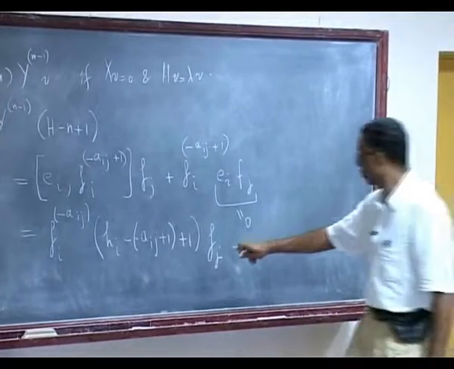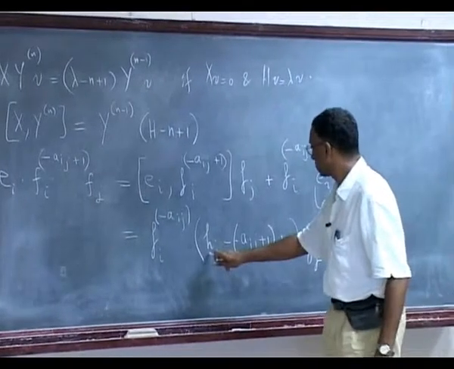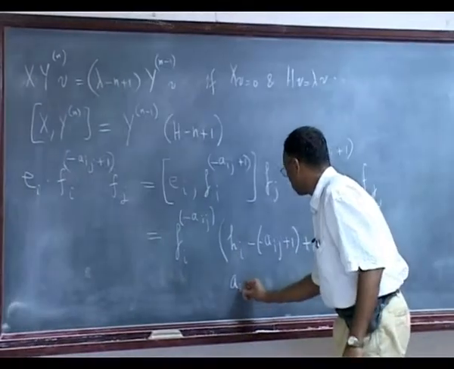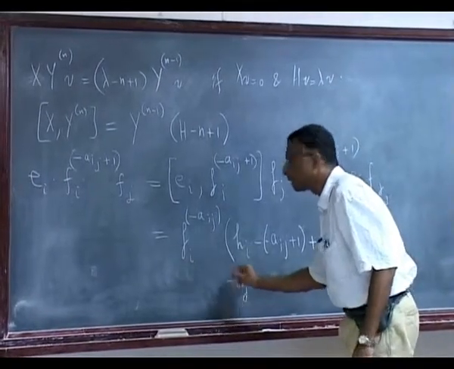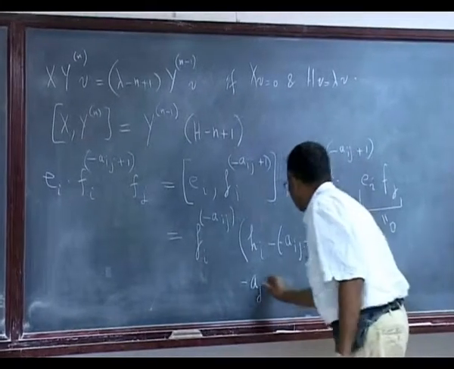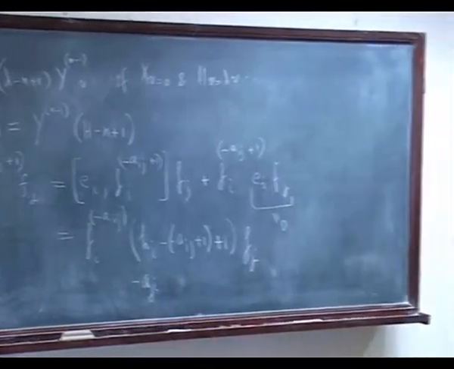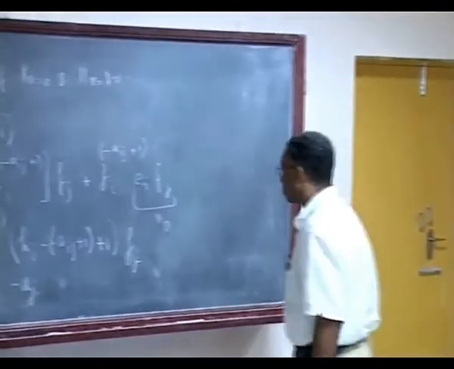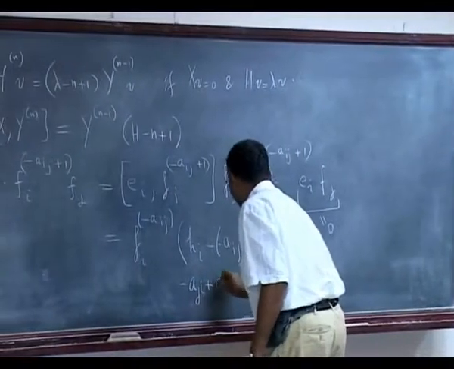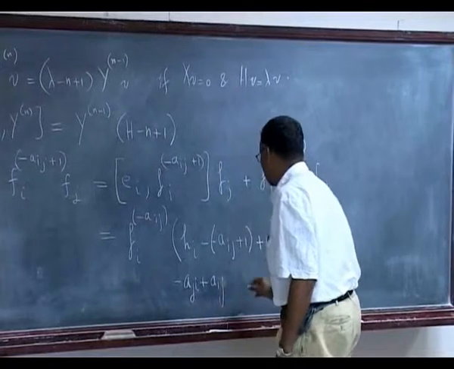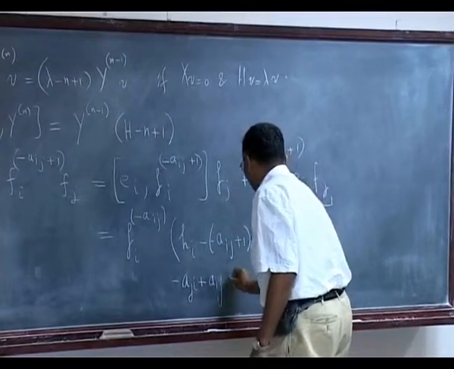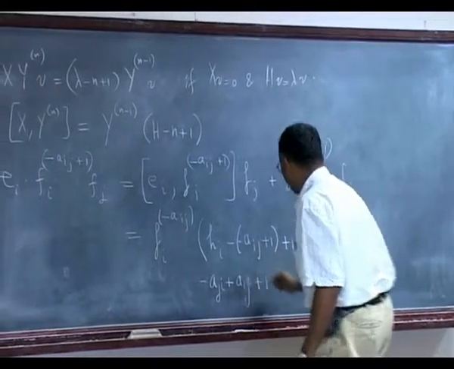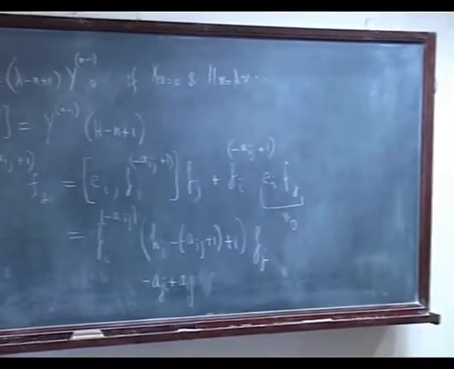But Hi acting on Fj is minus Aji. So what do I get? So Aji plus Aij plus 1 minus 1. So this is what I get.